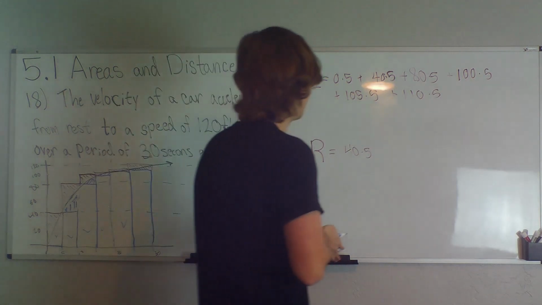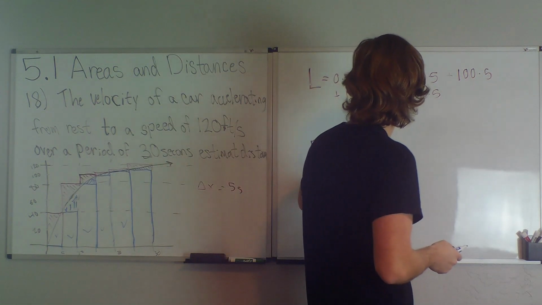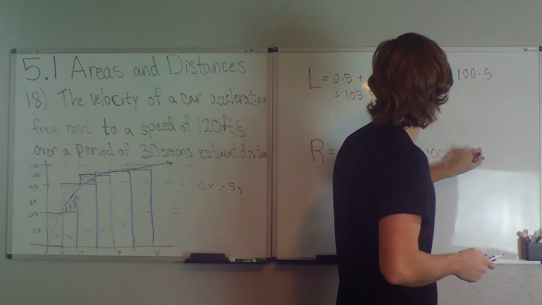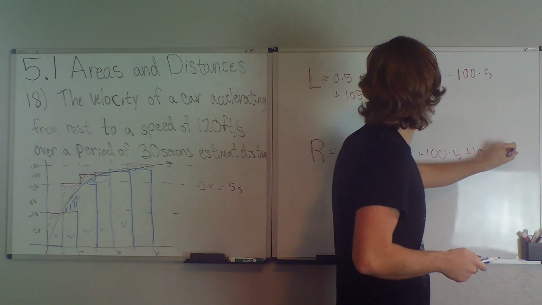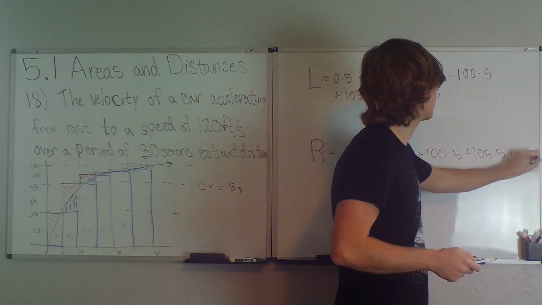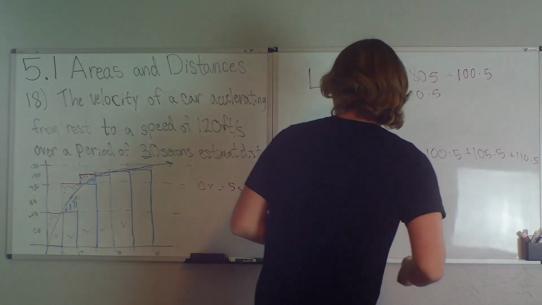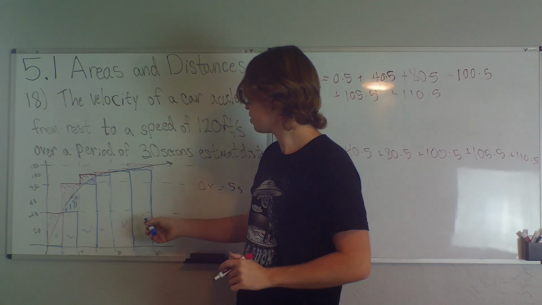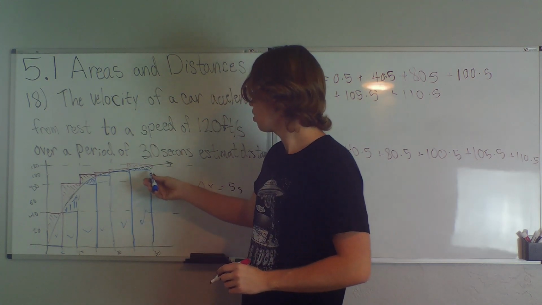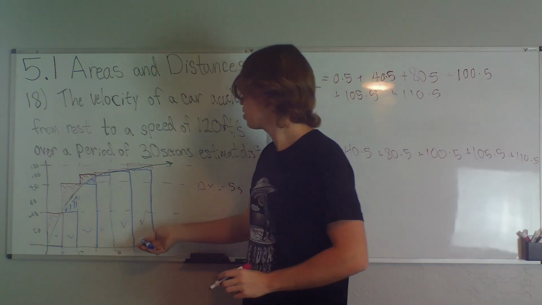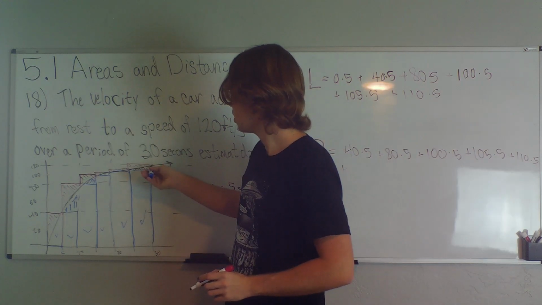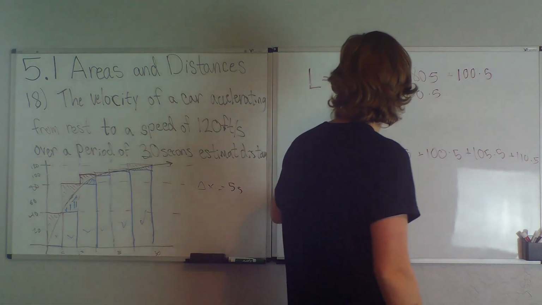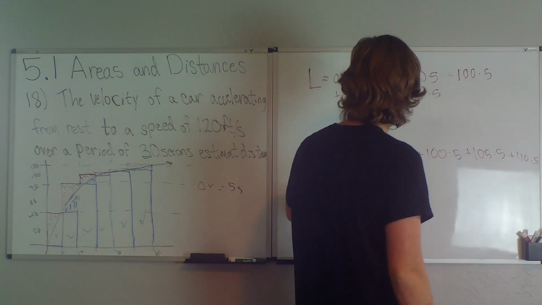So this is just going to be 40 times 5 plus 80 times 5 plus 100 times 5 plus 105 times 5 plus 110 times 5 plus, well, now we have to check this last rectangle, and we see that it goes all the way up to 120, right here. So we do plus 120 times 5.